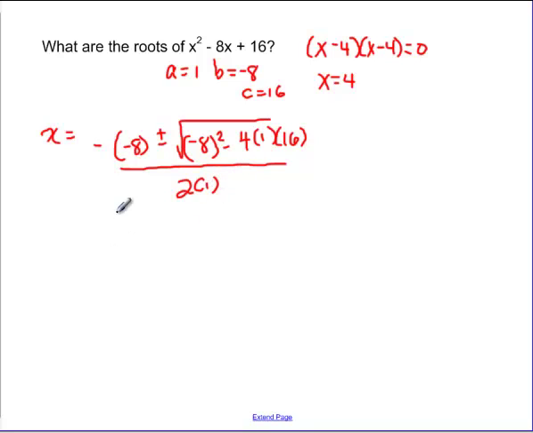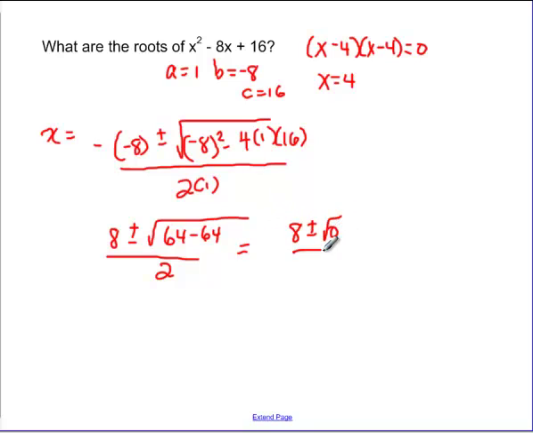If I clean that up, 8 plus or minus the square root of, well, look what happens here, 64 minus 64. So that gives me 8 plus or minus the square root of 0, which is 8 plus 0, or 8 minus 0. So see what happens?